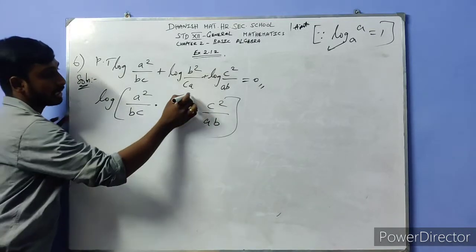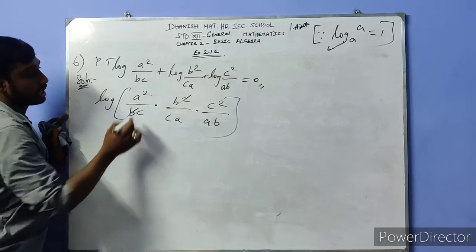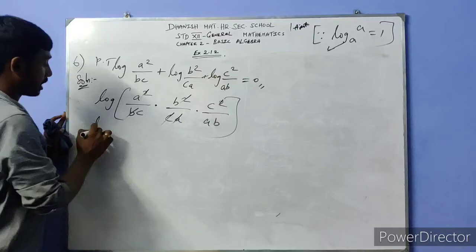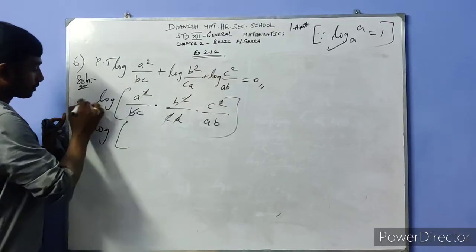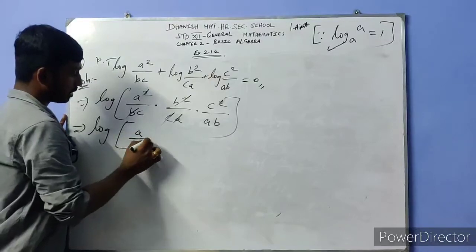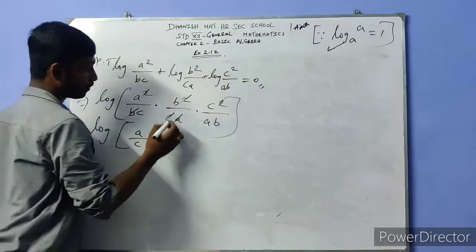Now I am cancelling the squares, and here also cancel the a. What are the remaining values here?